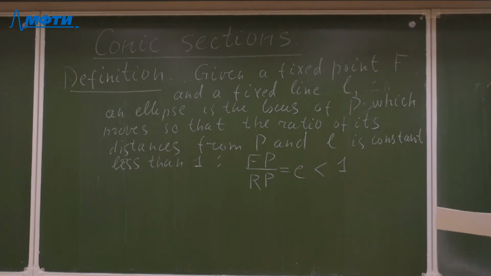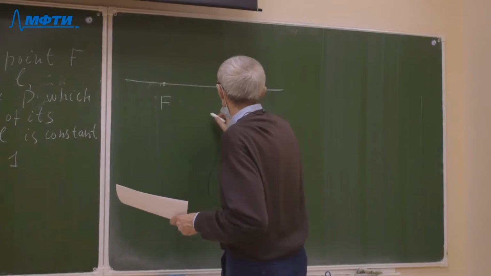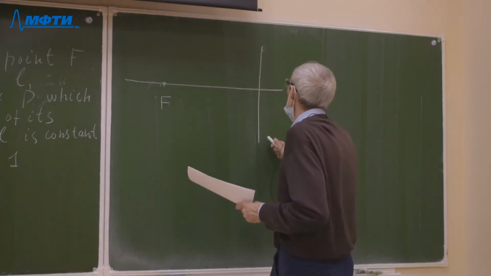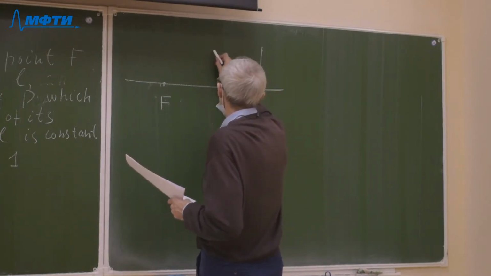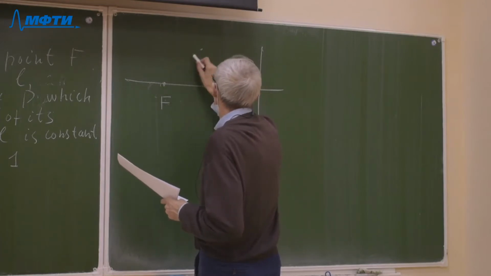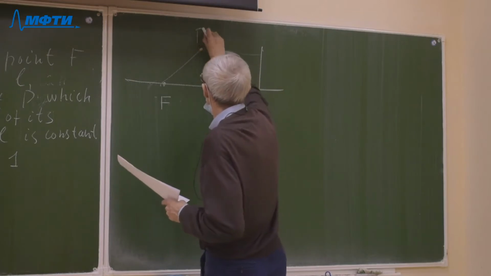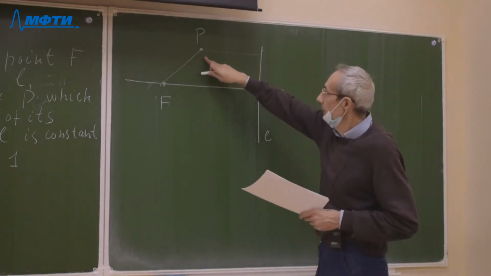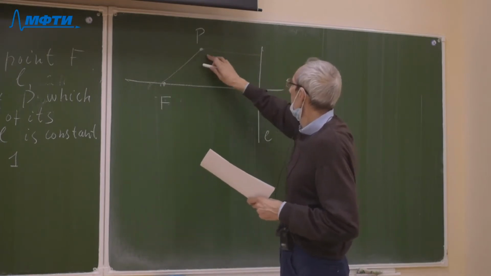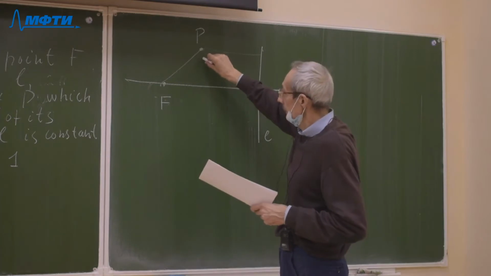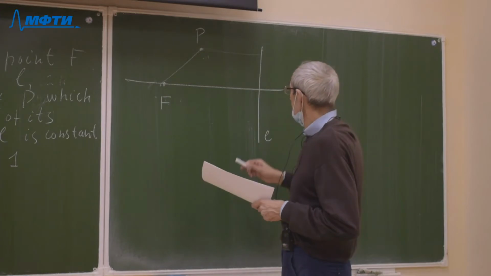We have the point F and the straight line L, and let P be the moving point, and the locus of this point is the above defined ellipse.